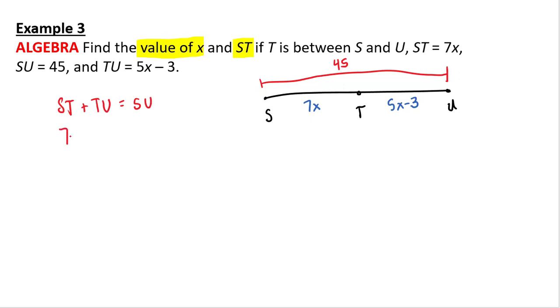So ST is 7x, TU is 5x minus 3, that equals 45. So I have here 12x minus 3 is equal to 45. I add 3 to both sides, and that's 48. I divide. x is equal to 4. That's one of the things I had to find.